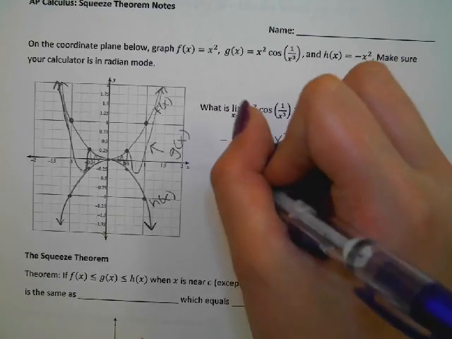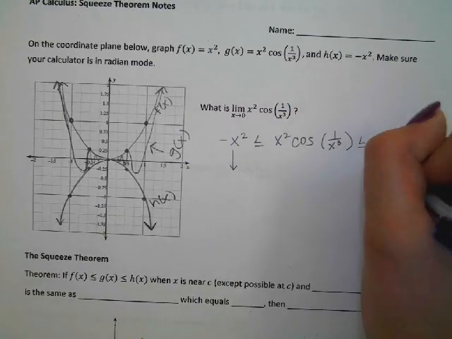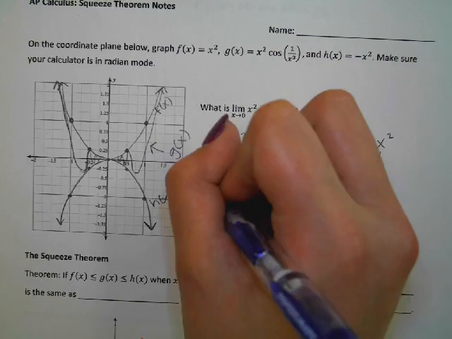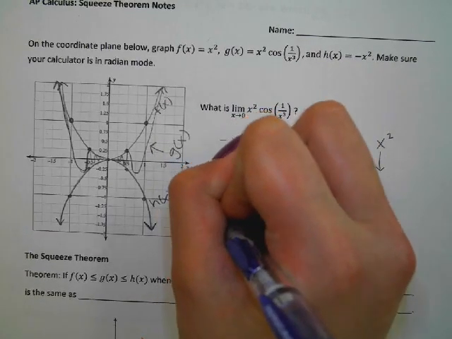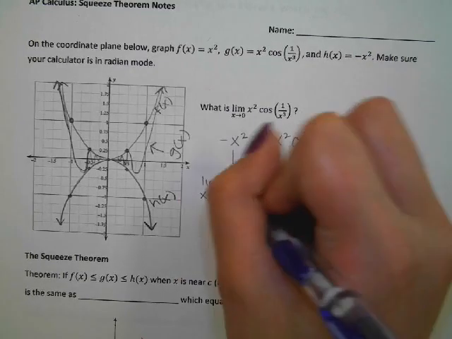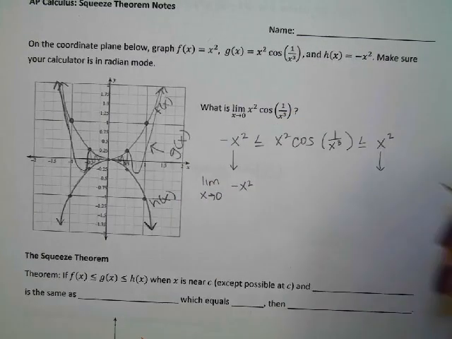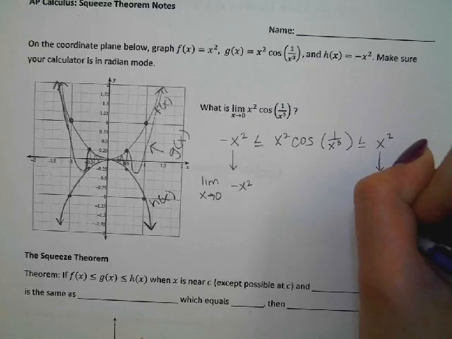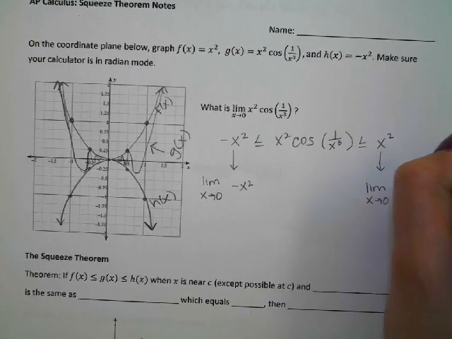So if I can come to a conclusion about the limits of these two, I can find the limit as x goes to 0 of negative x squared, and then the limit as x goes to 0 of positive x squared.